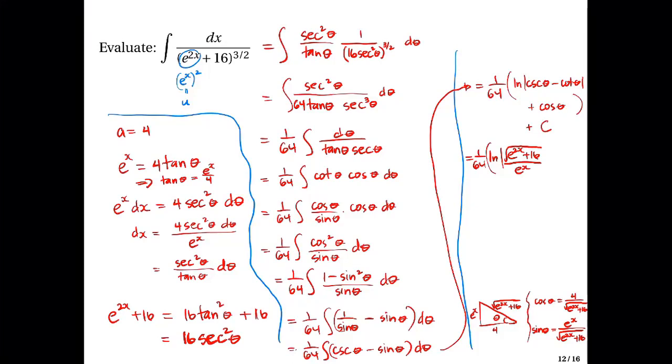So minus 4 over e to the x. Then plus, for the cosine, you have 4 over square root e to the 2x plus 16. And then you have to close this. And then you have the arbitrary constant c. So this is the final answer.